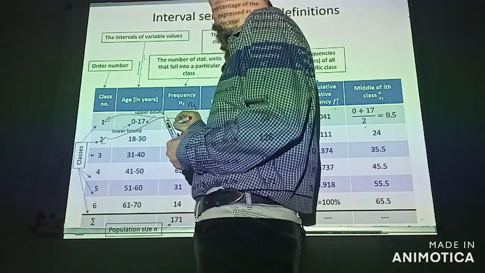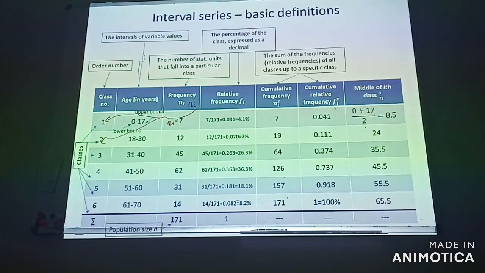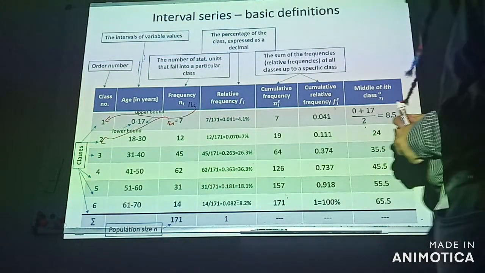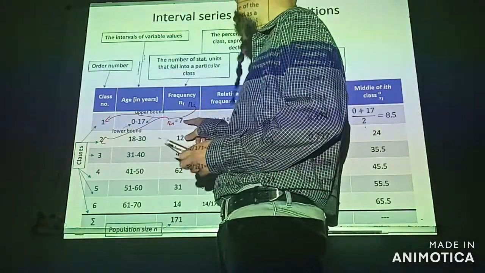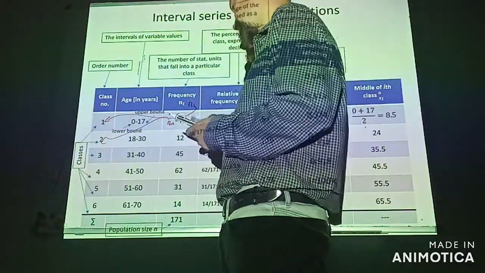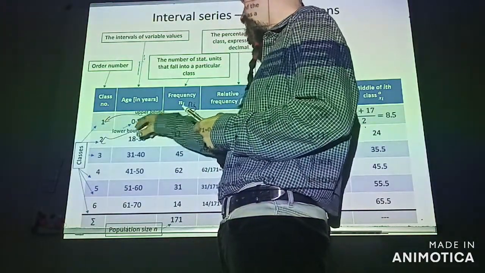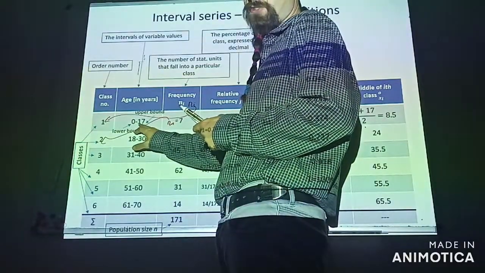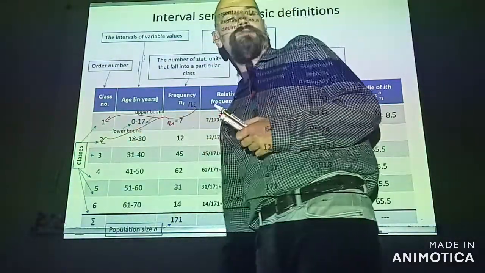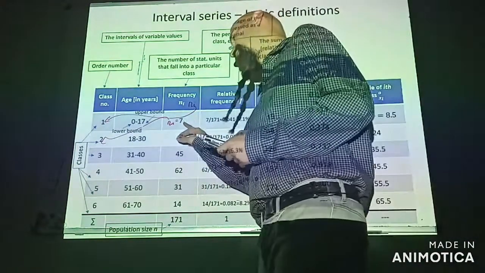So N1 here equals 7. What does it mean? It means that 7 statistical units, 7 people, I guess, are characterized by an age not higher than 17 years old, from 0 up to 17 years old. So the youths, we have 7 young people here.